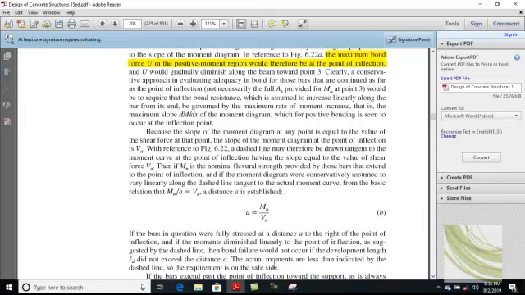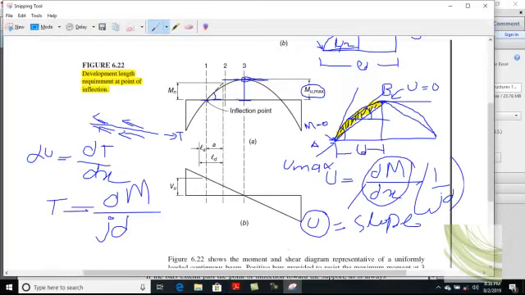Clear? So those bars which extend to this point of inflection will have their maximum bond force there.